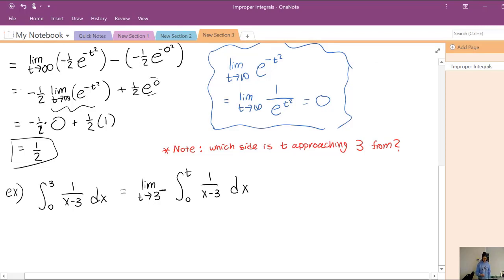Okay, cool. And does anyone know the integral of this guy off the bat? The natural log of x minus 3. You could do a u sub to show it, but it's a pretty simple integral.